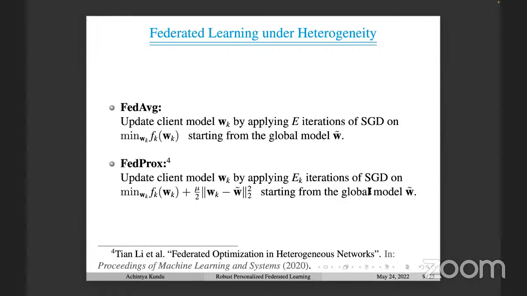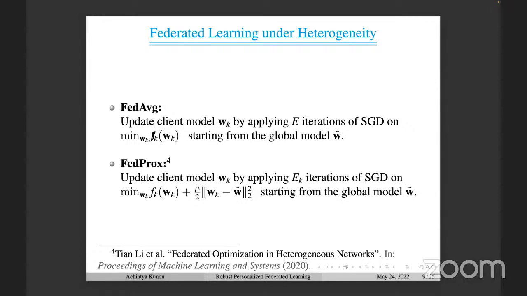If you remember, the original federated averaging algorithm just applied stochastic gradient descent on the private data set of the client K. Because these clients can have different data sets, that might lead to the failure of the algorithm, because with different data sets you are still doing model averaging, and then you might not reach anywhere.